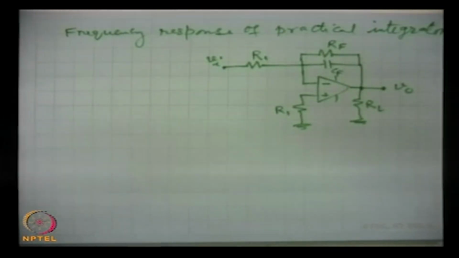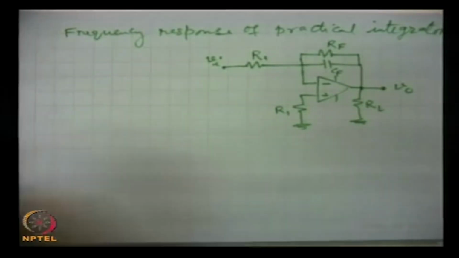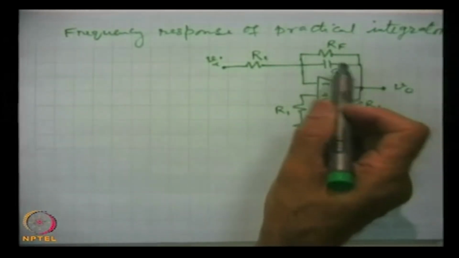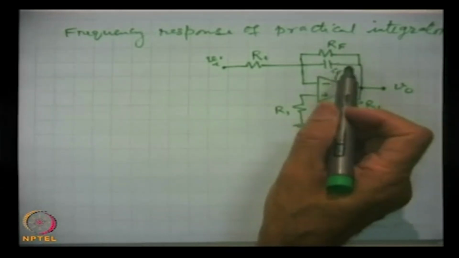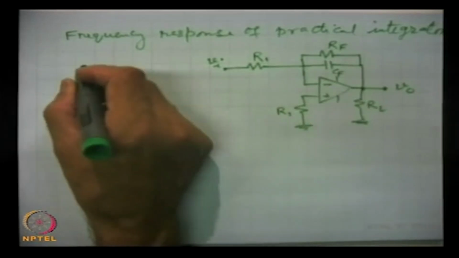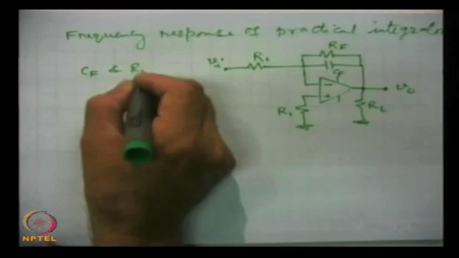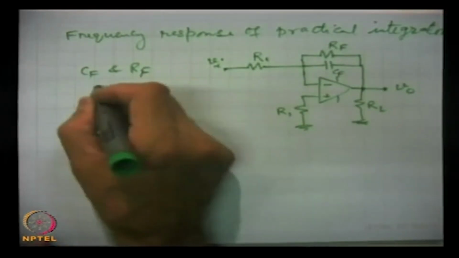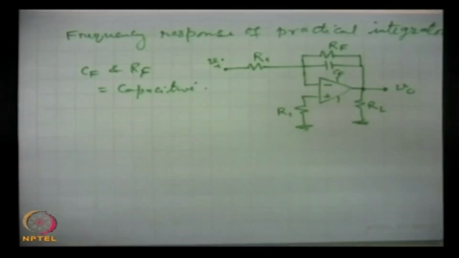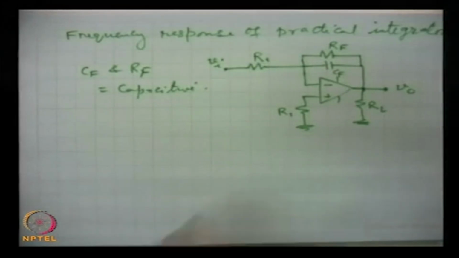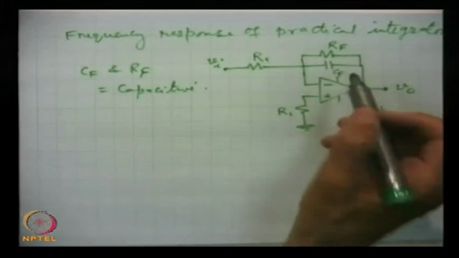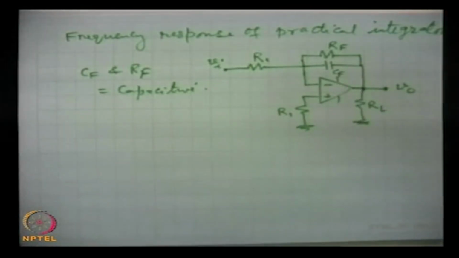Now, remember the basic point, that true integration occurs when the impedance of this combination of CF and RF is capacitive, and this will be capacitive only when the effect of this capacitance dominates.